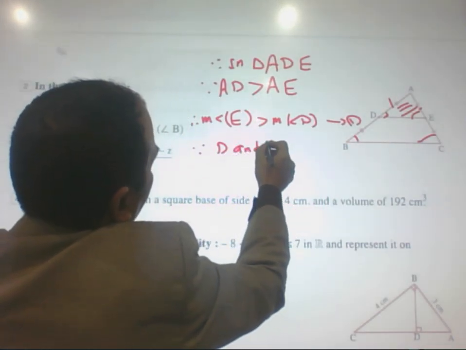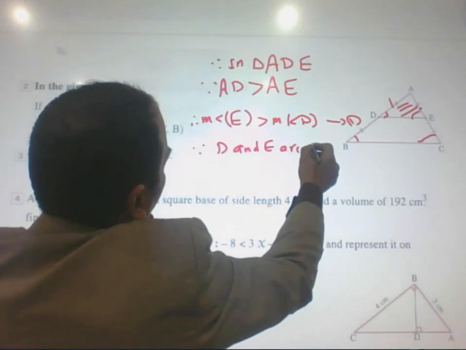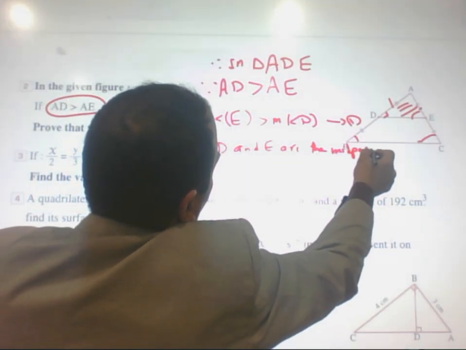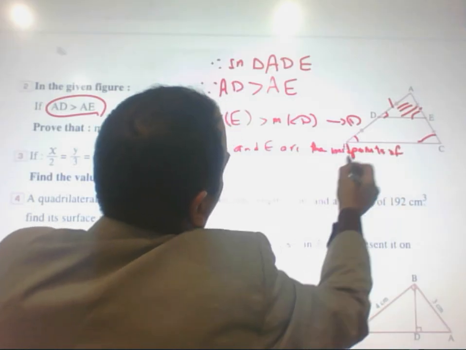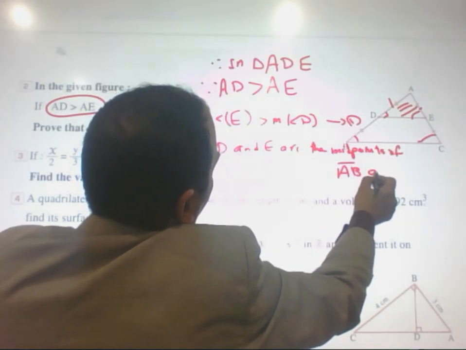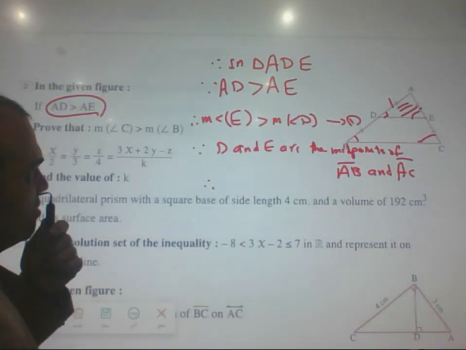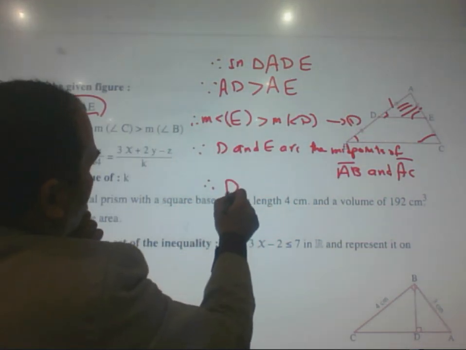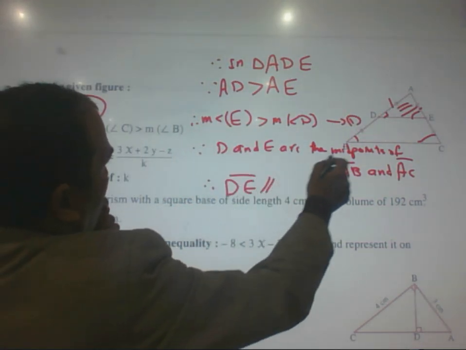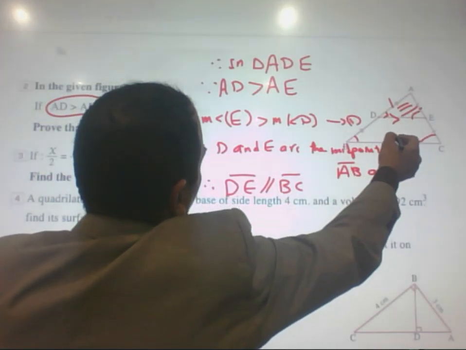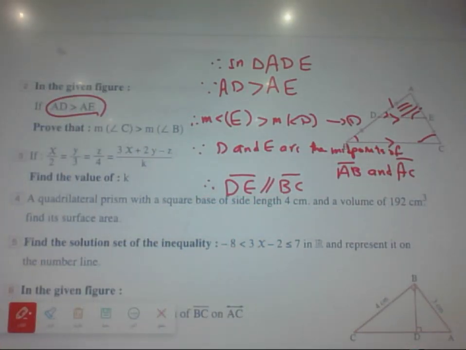Such that D and E are the midpoints of AB and AC. Then DE will be parallel to BC. They are parallel, okay? Then we prove that 2 straight lines here are parallel.